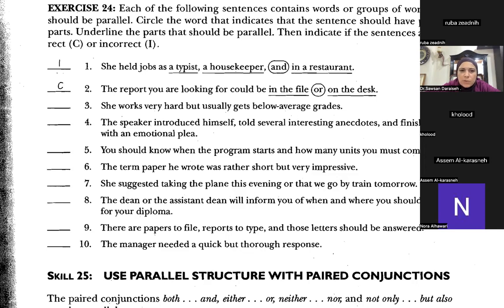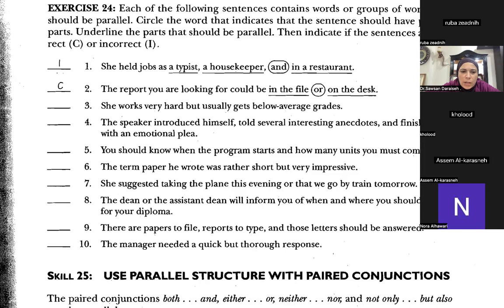Of course, there's a difference. It makes it parallel in that way, and it shows that there's a connection between the subject before the comma and after. If there is a comma, we need a subject after but. No, we don't, because it's the same subject here. The same subject. But she usually gets below average grades. Okay, thank you.